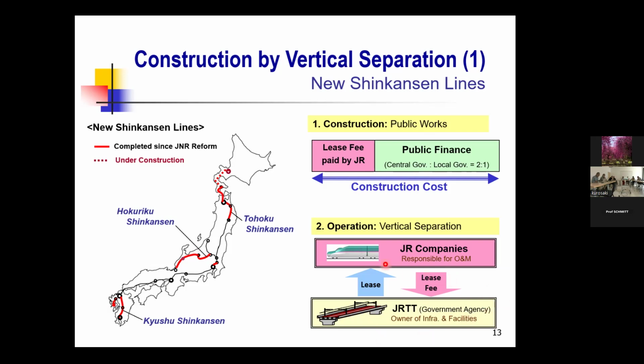Then one of the JR companies operates the line by paying the lease fee. As this figure shows, the operator is a JR company and the infrastructure owner is a public authority. As the two entities are different, this is the structure of vertical separation.